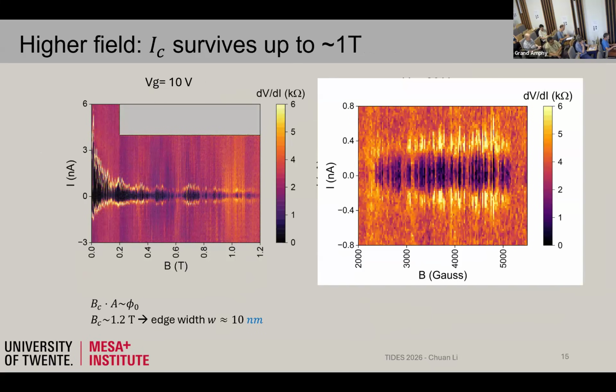This one. Yes. You mean, is this compatible with your Rashba picture? The fact that you keep the supercurrent, it's even up to 1 Tesla. Is this compatible with your Rashba picture?